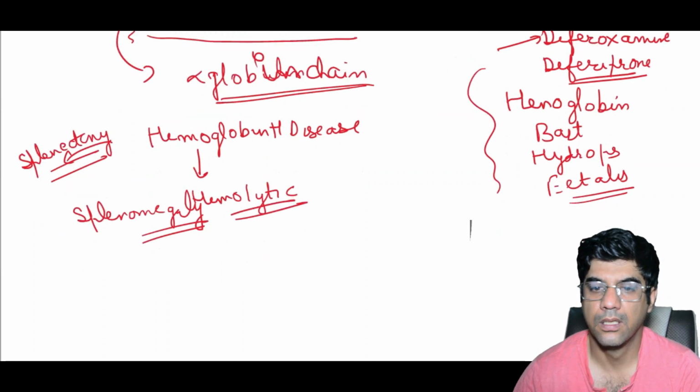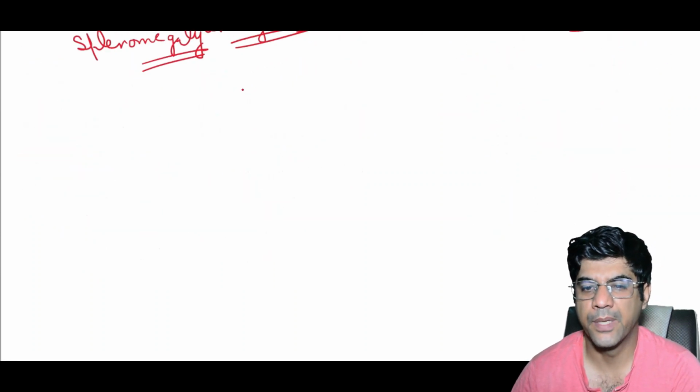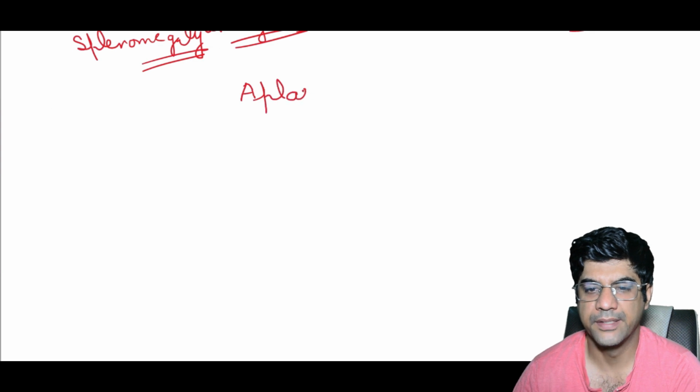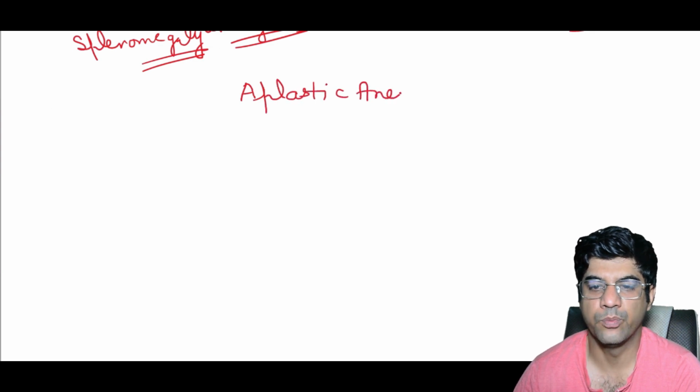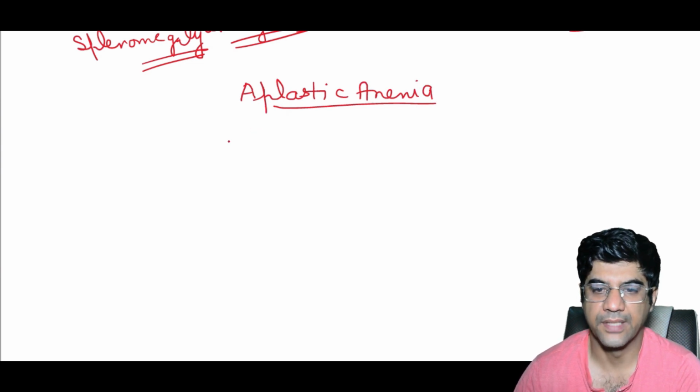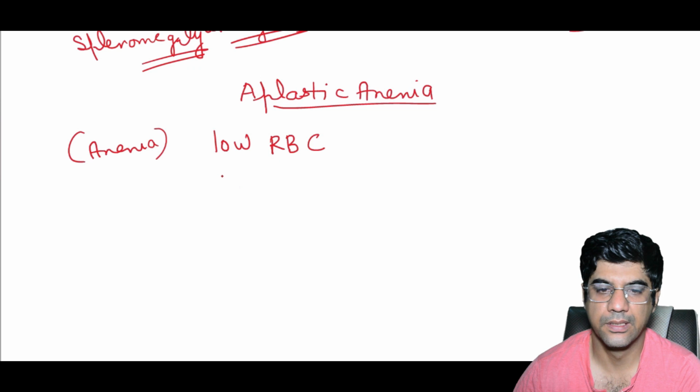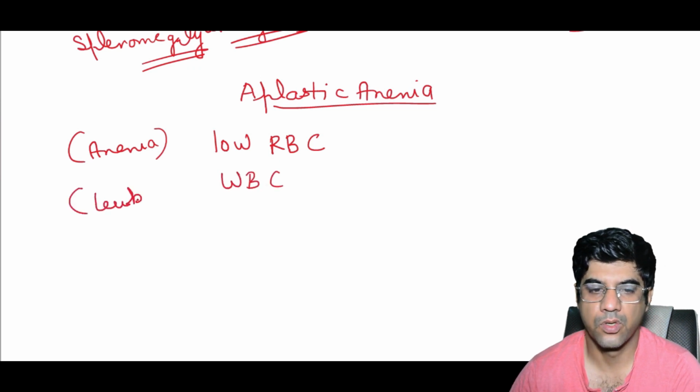Aplastic anemia, remember, is a rare serious blood disorder where the bone marrow fails to produce enough blood cells, resulting in a low count of RBCs, that is anemia, a low count of WBCs, that is leukopenia, and platelets, that is thrombocytopenia.